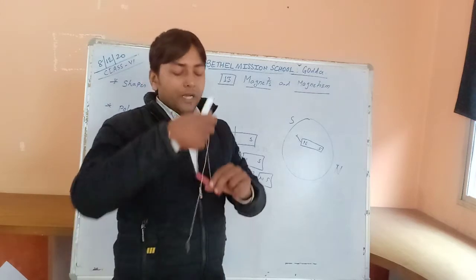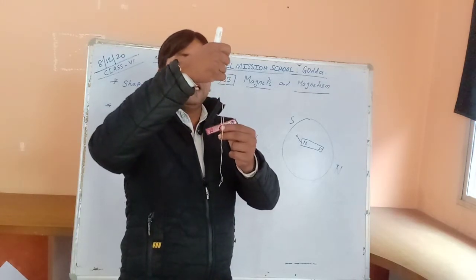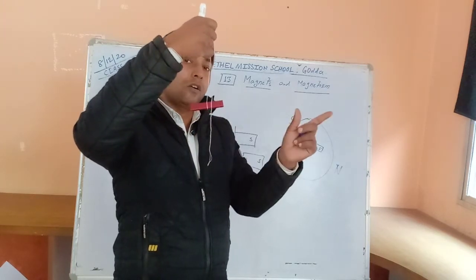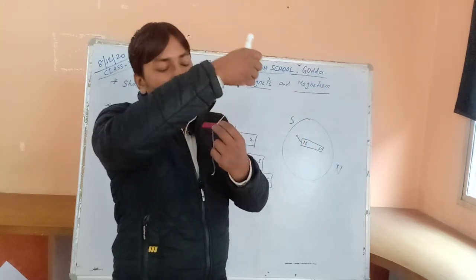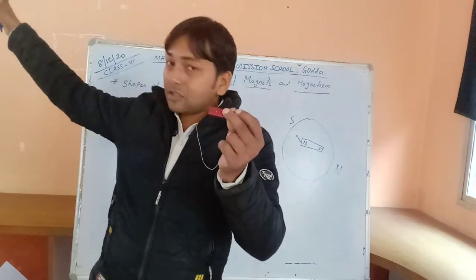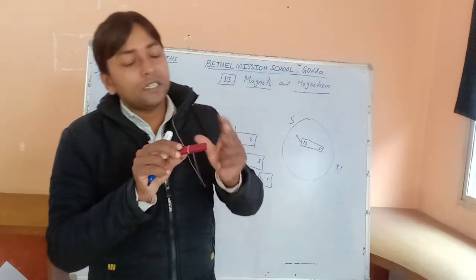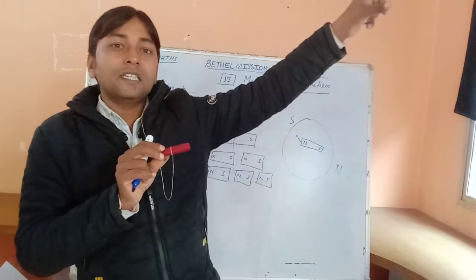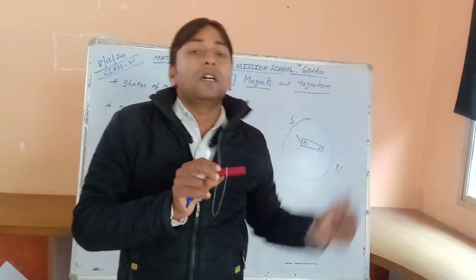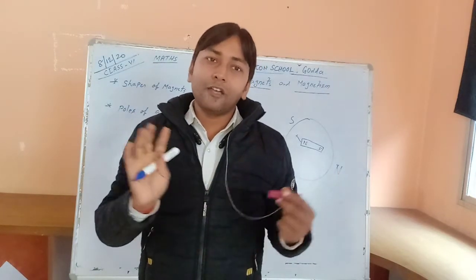That's why when we suspend a bar magnet freely, it always stands towards the north and south direction. If it stands towards north, it means there is a south pole of the earth in that direction, and if it is south, then in this direction it is the north pole of the earth. Okay, I hope you got it.